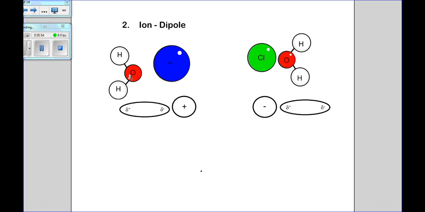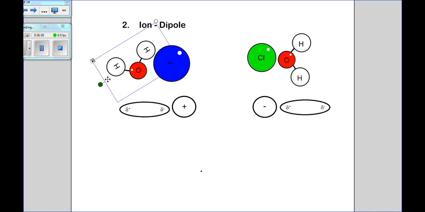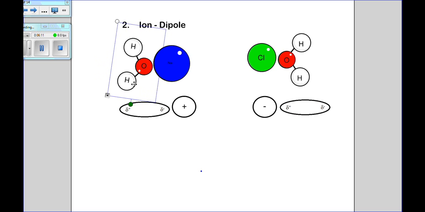That's why the oxygen side of the water molecule will be attracted to the sodium. It wouldn't be the other way around, where the hydrogen side is attracted to the sodium. It will be repelled, so the oxygen side is attracted to the sodium because the negative part of the molecule will be attracted to the positive ion.